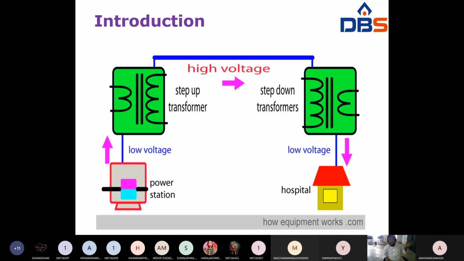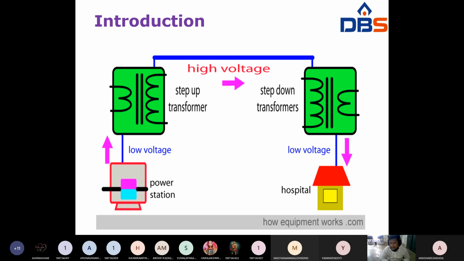Look at the Srisailam right bank powerhouse. In Srisailam, two powerhouses are available, the right powerhouse and the left powerhouse. In between these two powerhouses the Krishna river flows. The other side is Telangana.